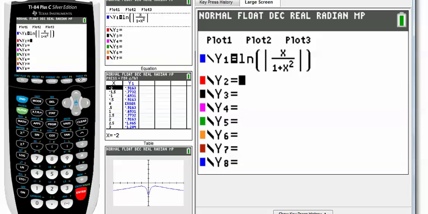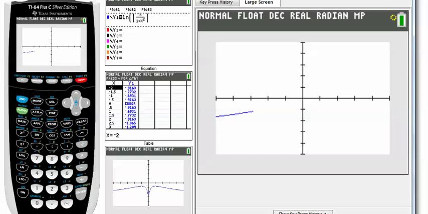Parentheses, and graph it. What a pain in the butt. Should be something going on, negative 1 and 1. Hey, there is.